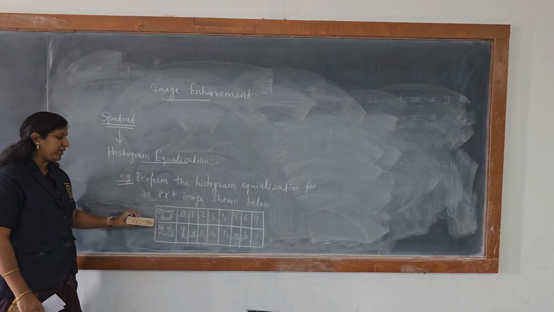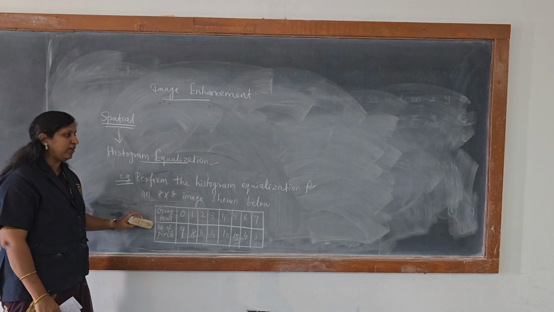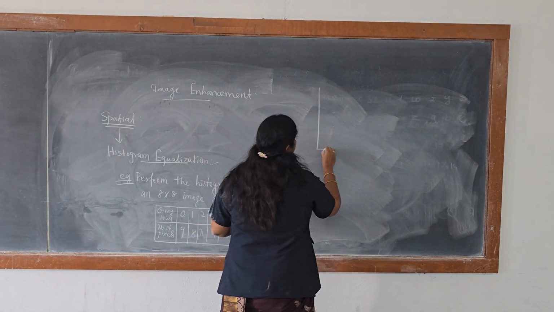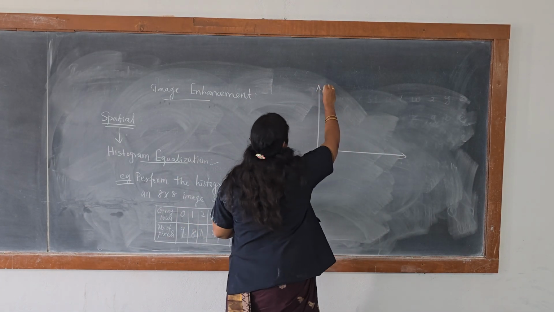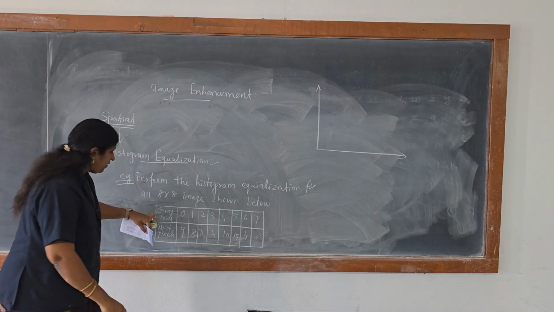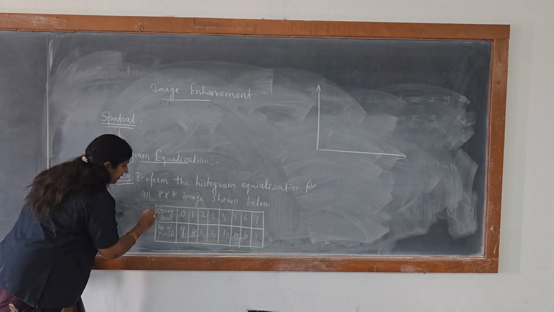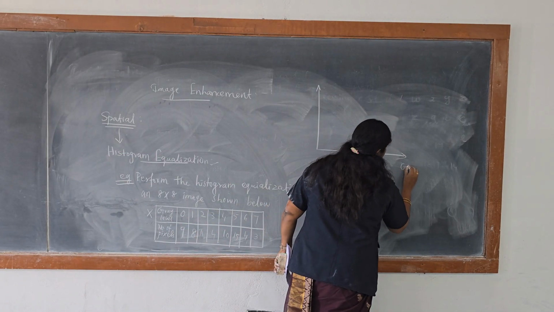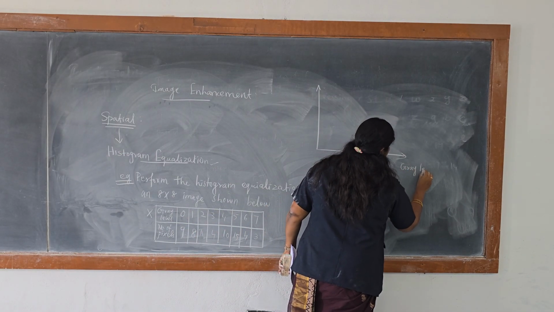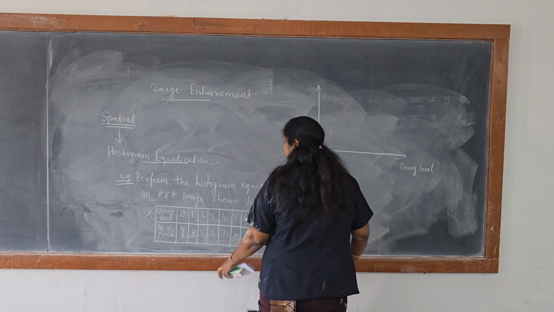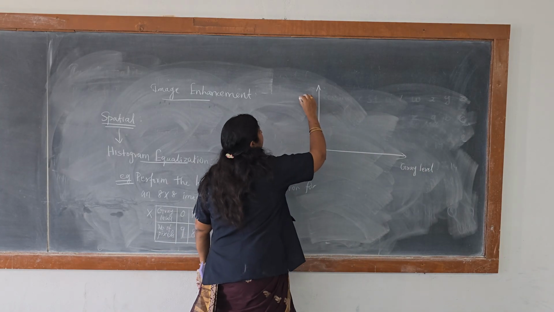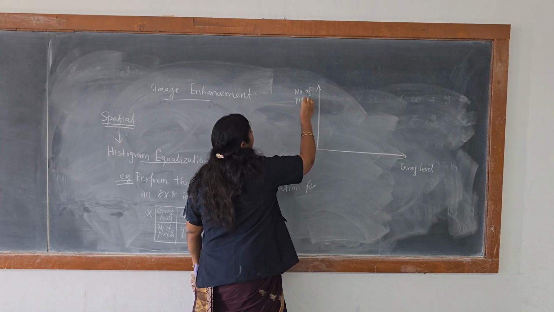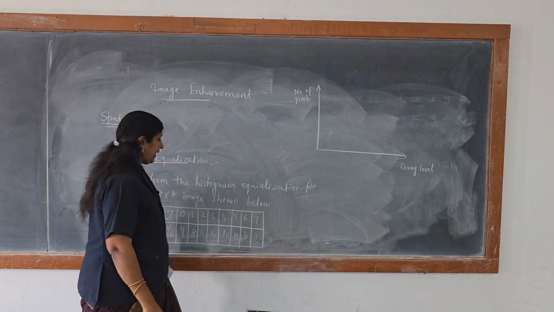First, for the given input image, we can draw the histogram chart. We can consider gray level as the x-axis value, and number of pixels as the y-axis value.